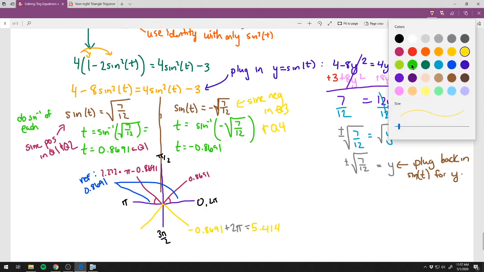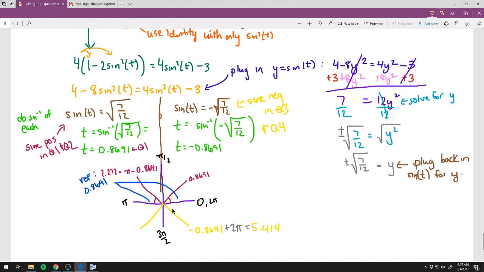And then that reference angle, you'll actually notice that it's exactly the same as the other reference angle, because it's going to be the positive of this number, 0.8691. Because we would get it by 0 minus negative 0.8691.